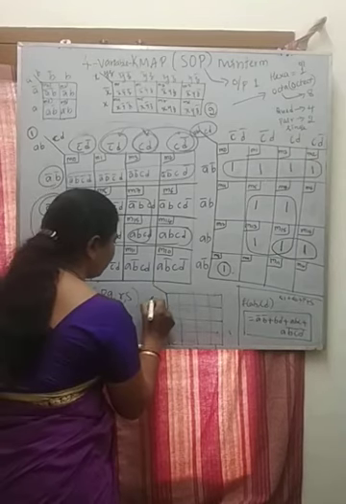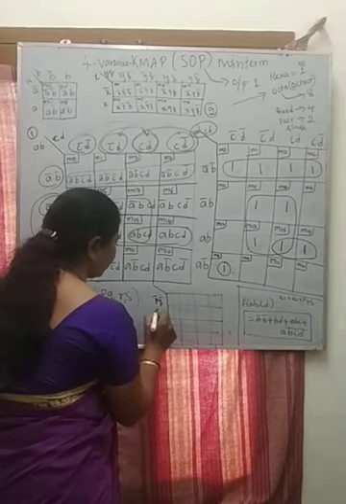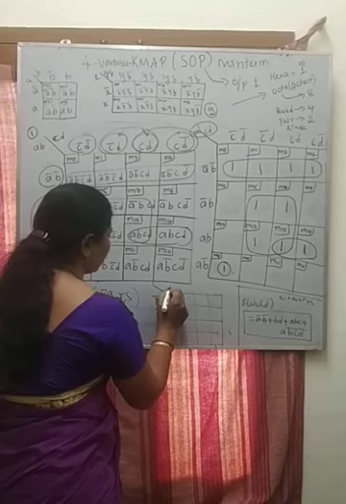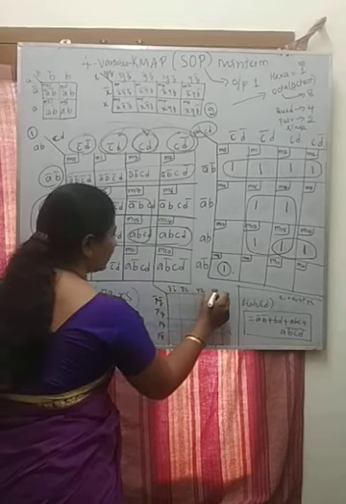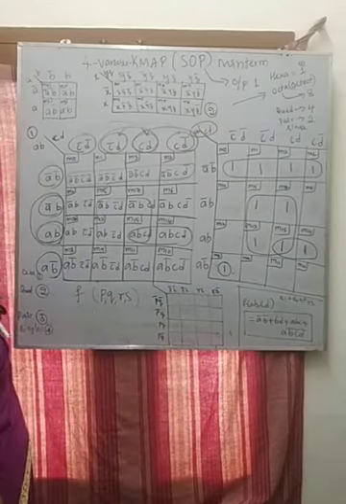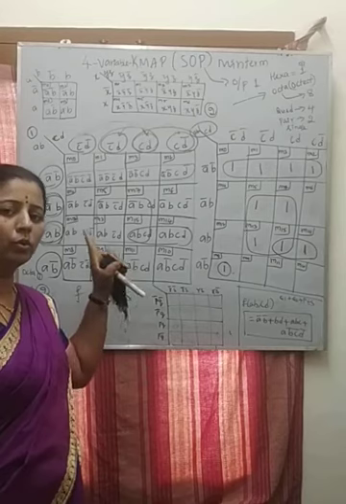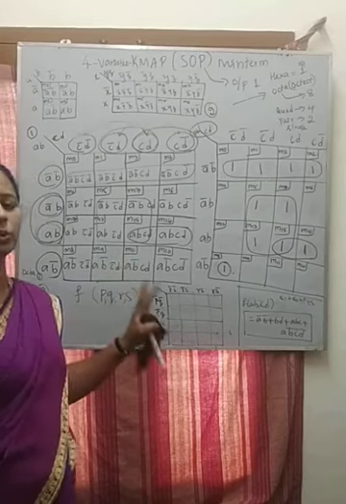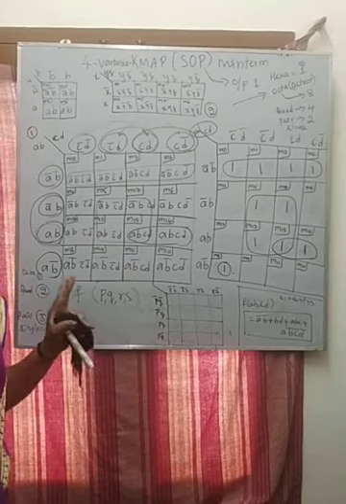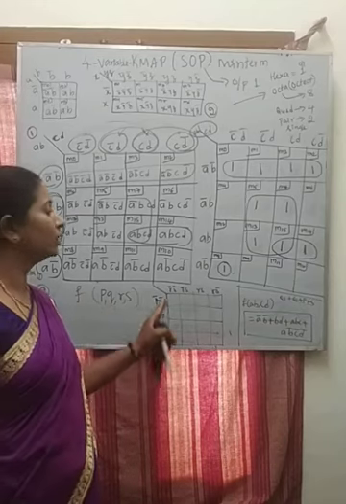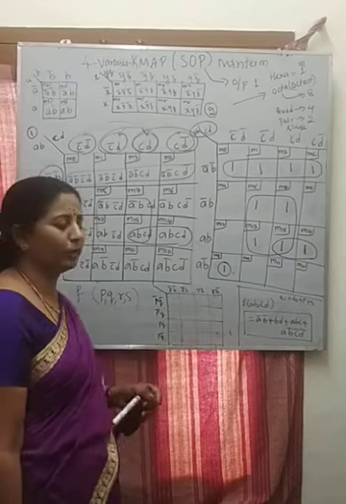Here it is PQ, and here RS. This is very important. Whatever variables they have given, only those you should use. You are not supposed to change the variables. The same terms you need to copy.